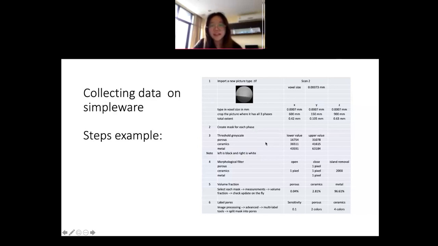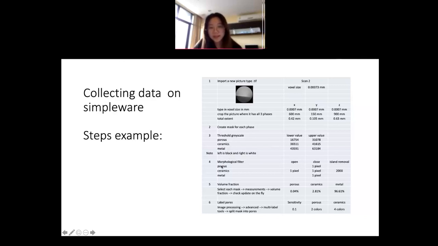And then for the third step, I had to differentiate the grayscale in order to know which phase is which color. So there were 3 phases: porous, ceramics, and metal.